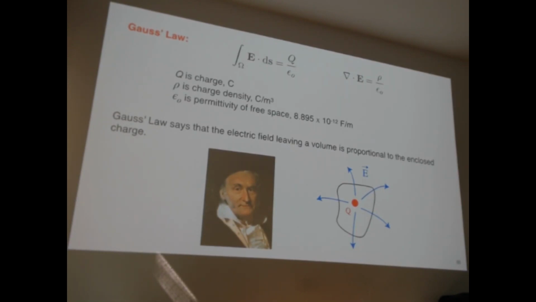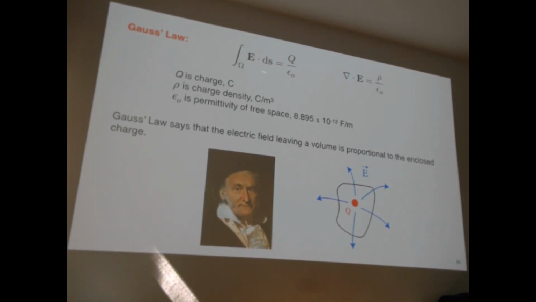This is Carl Friedrich Gauss. This is Gauss's law. There are 2 forms of Maxwell's equations: the integral form and the differential form. The differential form is the way to go to do the theory. The nice thing about the integral form is it tells you what the physics is doing.